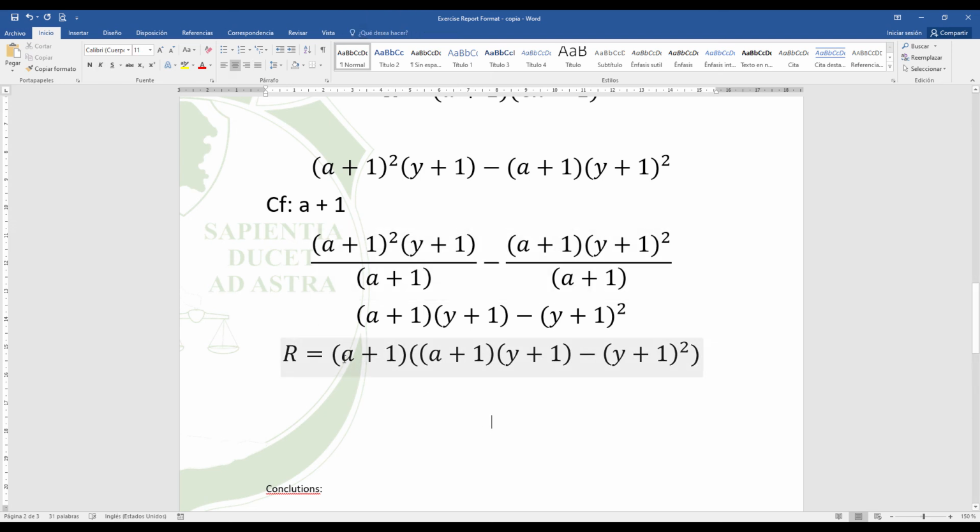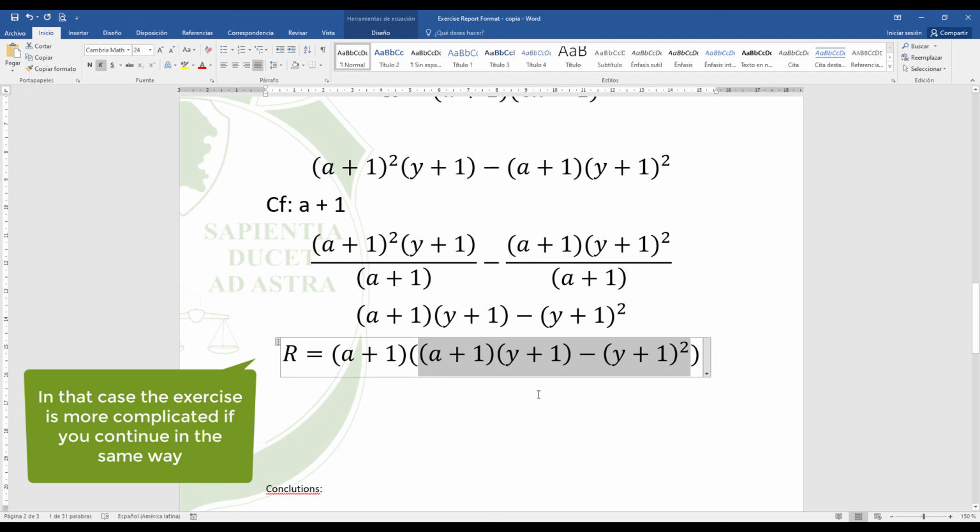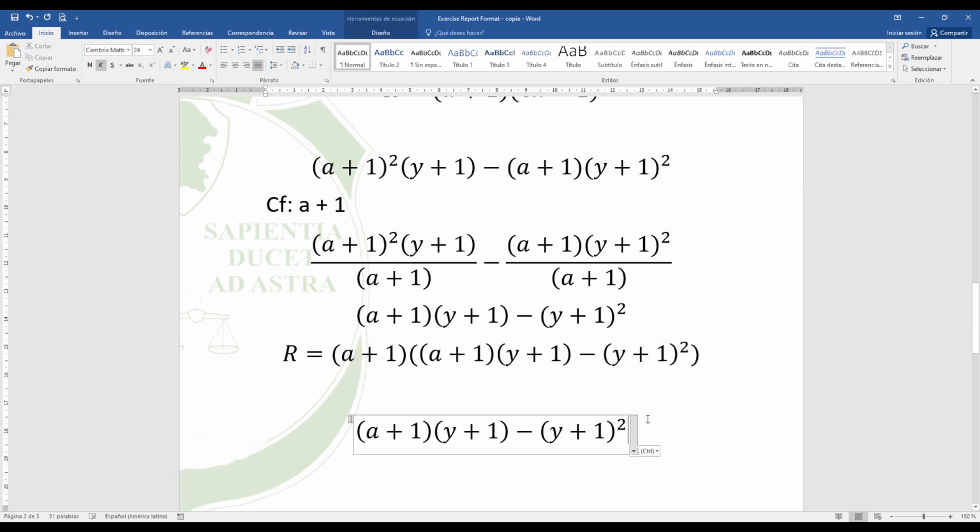In that case it was a plus 1. But if you look here at the result of that division, you have another common factor. So I will factorize that.